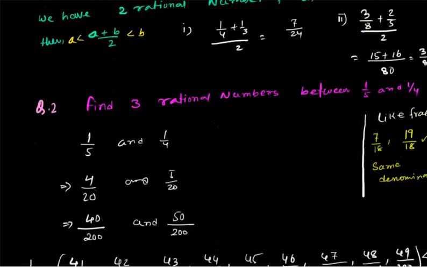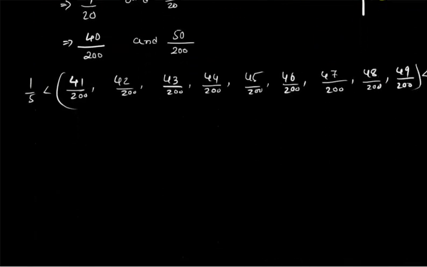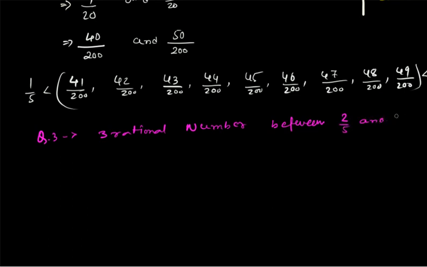Now pause the video and find three rational numbers between 2 by 5 and 3 by 4.